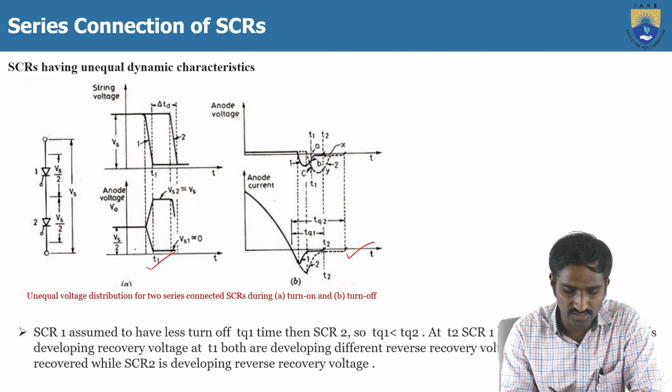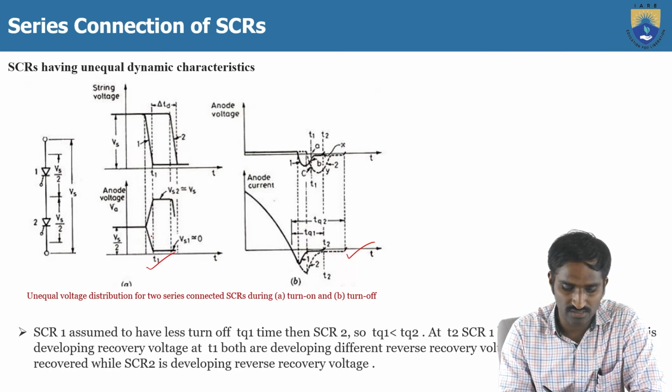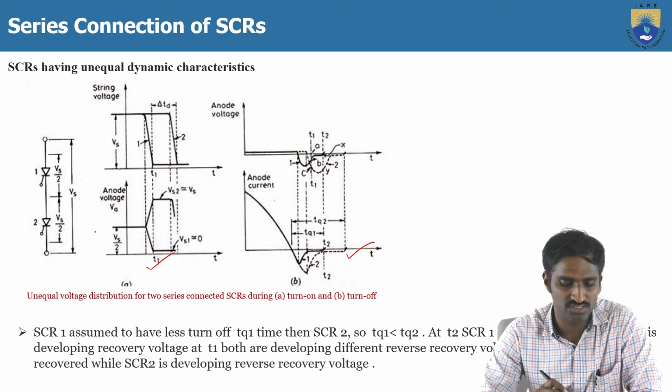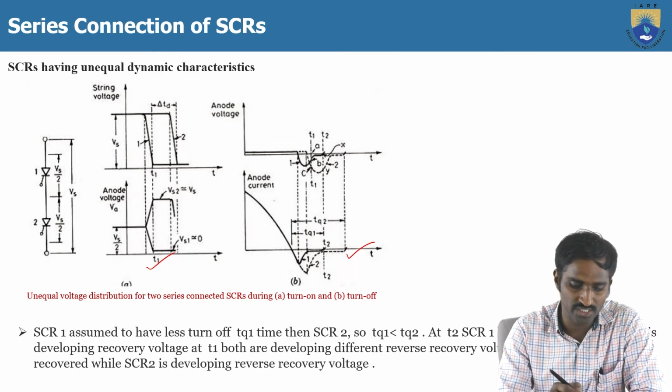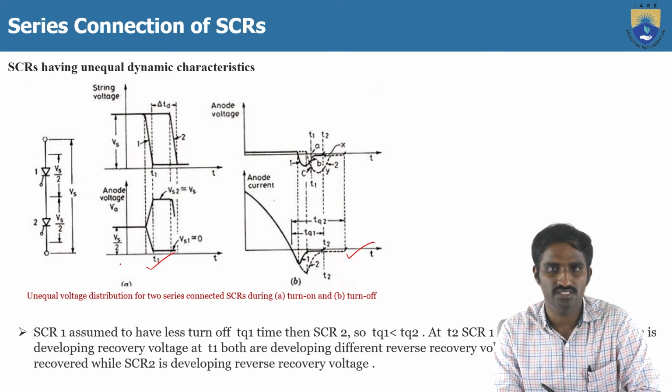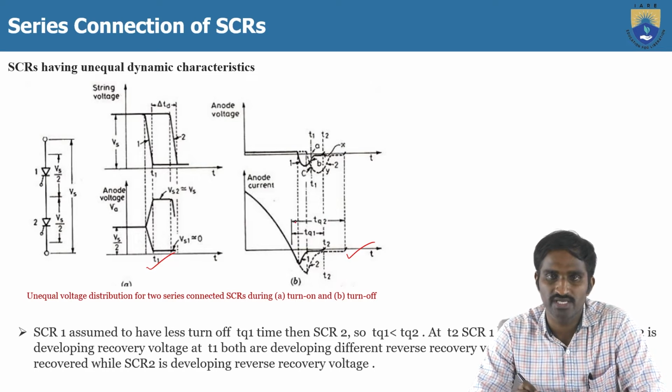Based on the previous condition, let us consider the voltage sharing of each thyristor is equal, that is Vs by 2. But even though the voltage across each thyristor is the same, the reverse recovery characteristics are different.